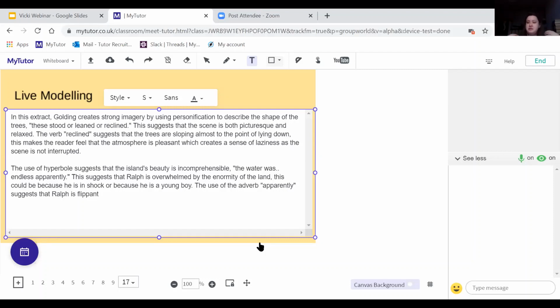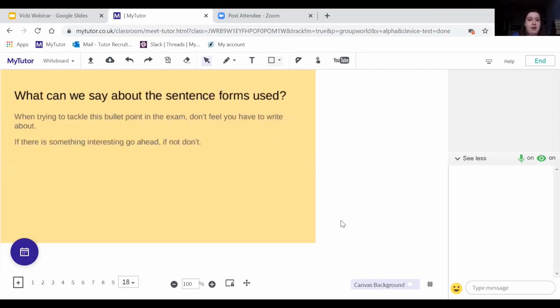So flippant means sort of, oh, I don't really care about his observations, and is happy to be overcome by nature. So it's pretty relaxed, which reflects the nature of the trees. We could talk about that and we could link those two together. Right, so quickly, just before we finish off the teaching then.